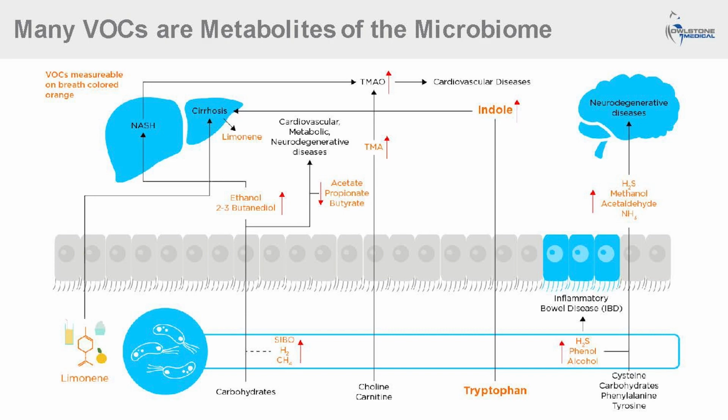Another example is tryptophan, which is converted to indole, and we found that this compound is elevated in subjects with cirrhosis. Amino acids can also generate VOCs that can be associated with inflammatory bowel disease or even neurodegenerative diseases.